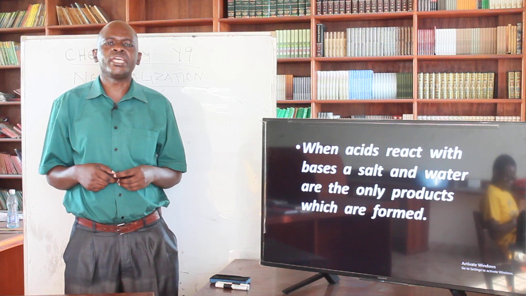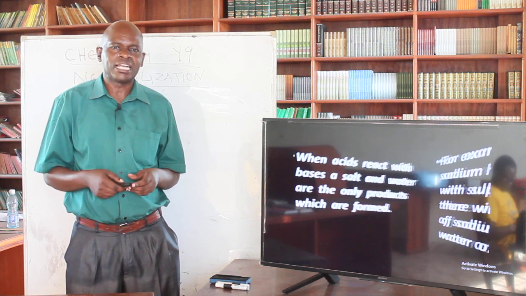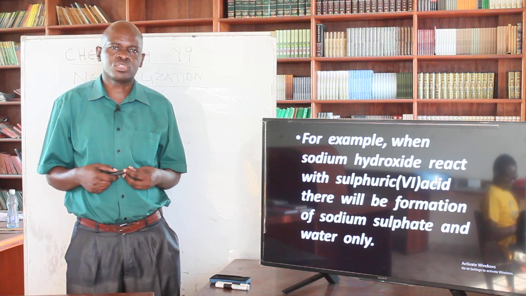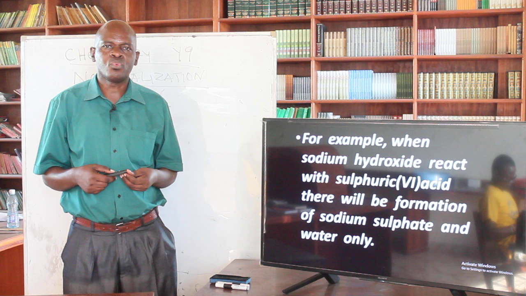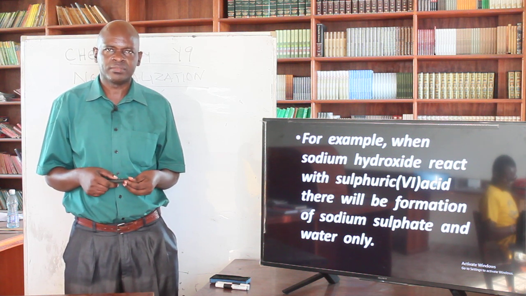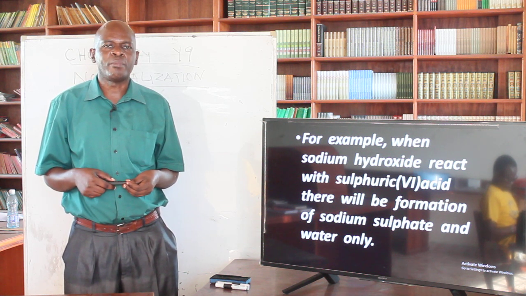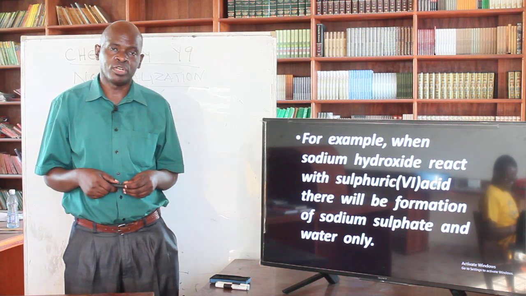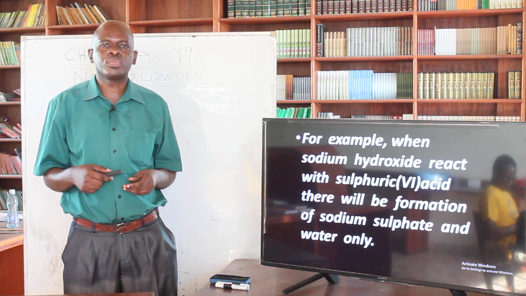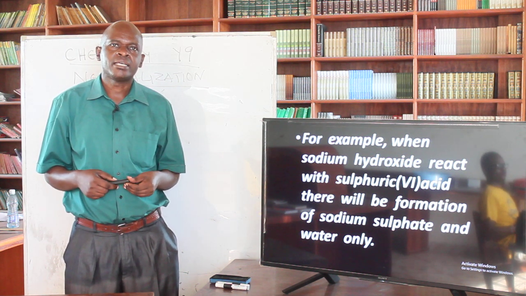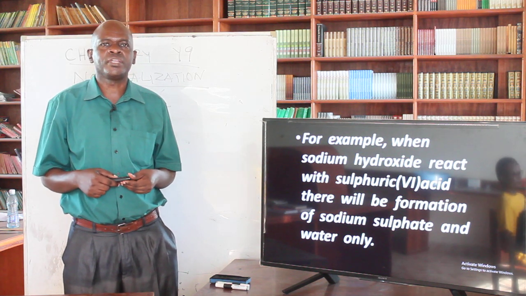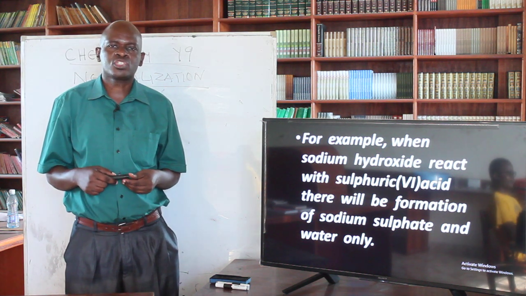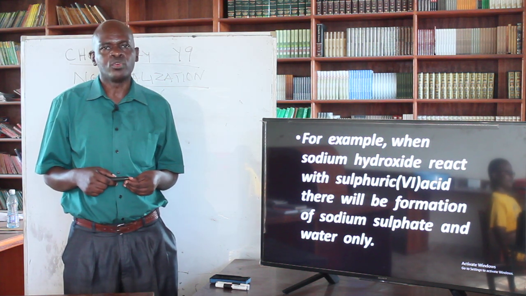But in our discussion today, we are going to be looking at the alkalis and the acids. For example, when you react sodium hydroxide with sulfuric acid, there will be formation of sodium sulfate and water as the only substances. A reaction between sodium hydroxide and dilute sulfuric acid will lead to the formation of sodium sulfate as the salt and water.